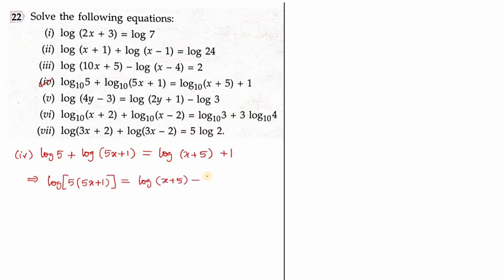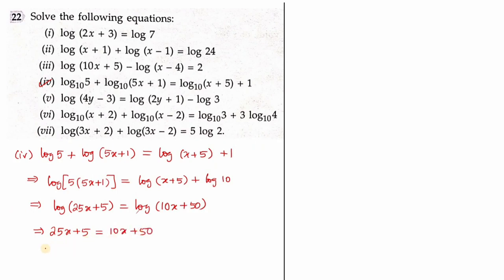So can I write 1 as log 10? Definitely I can write this. So this is going to be log, so let's multiply with 5. So 5 into 5, 25x + 5. Similarly you can apply the product rule here. So when you apply the product rule, 10 and (x + 5) get multiplied, so it is 10x + 50. So again you can cancel log. So from here 25x + 5 is equal to 10x + 50.